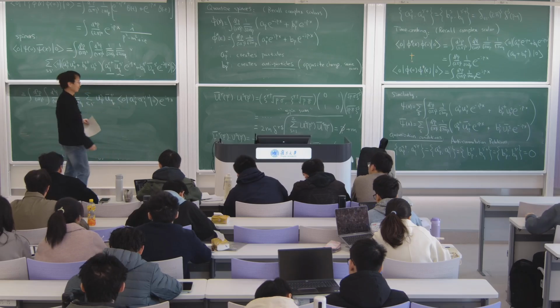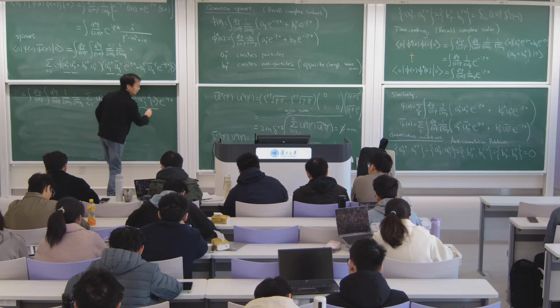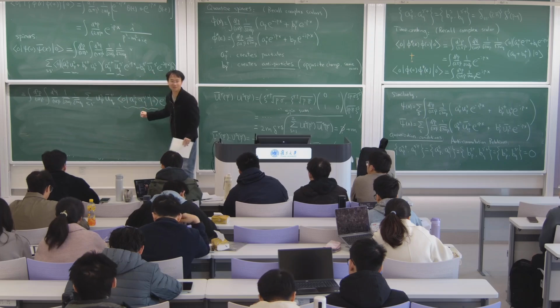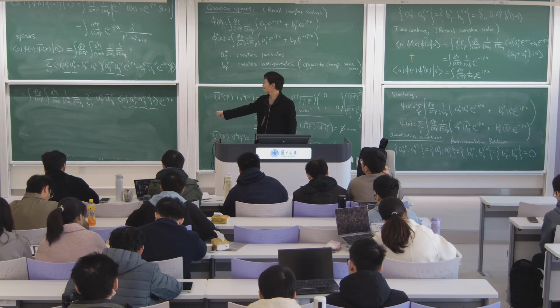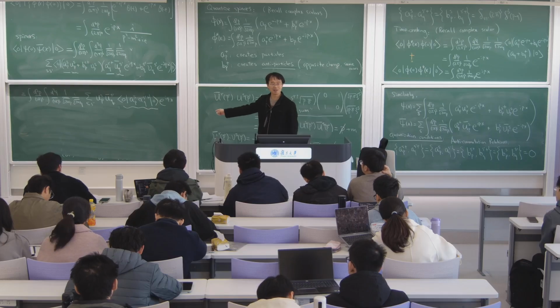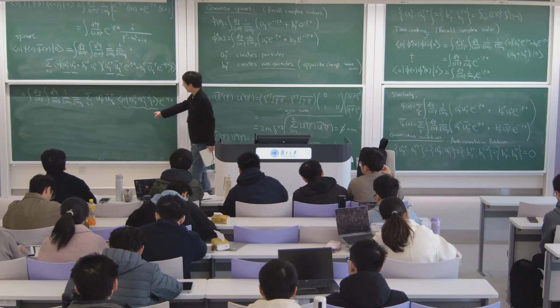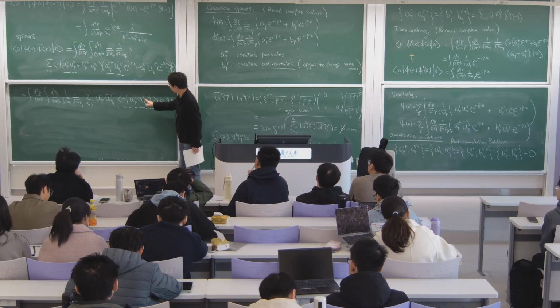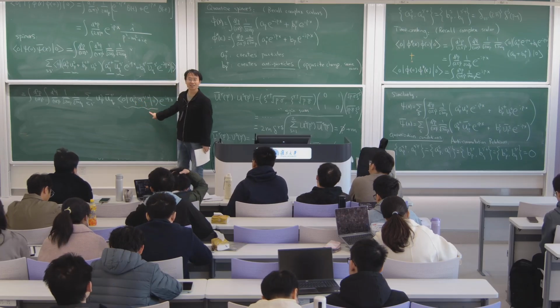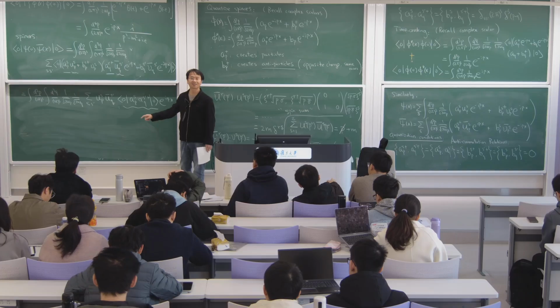Now I use the quantization condition or anti-commutation relation to simplify this term. In order to calculate this one, you can add a_q^s' † a_p^s as the second term, right?